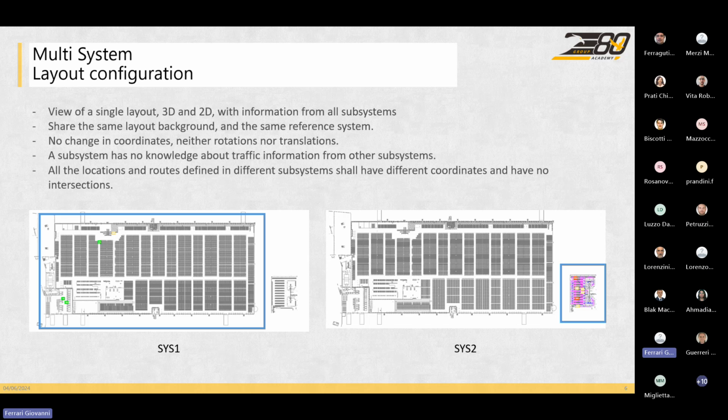So this is why we need to have the same reference system on all the systems that we deploy. Okay, so the origin point on system 2 and the origin point on system 1 need to be the same, so that the system is not required to apply any rotation or translation of coordinates.